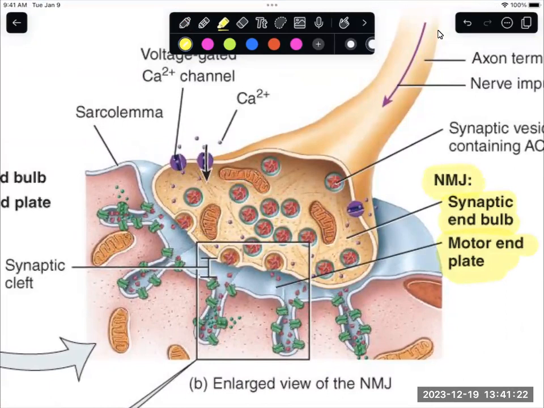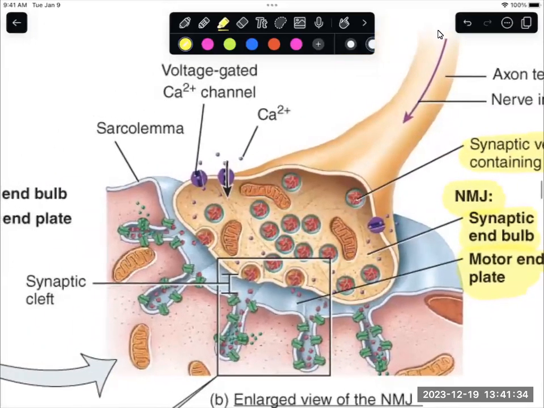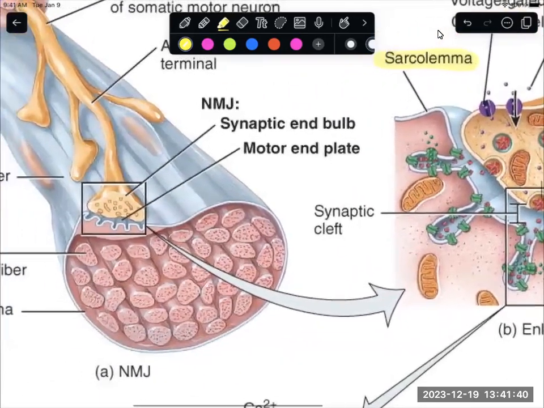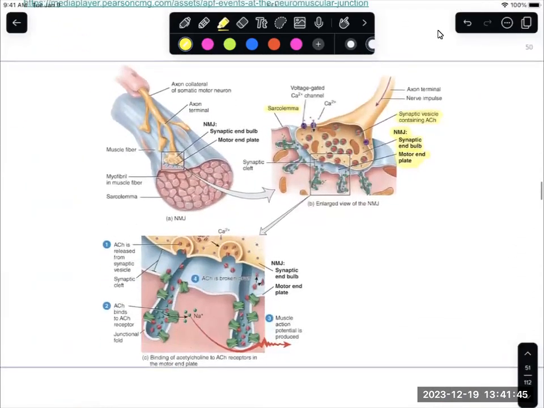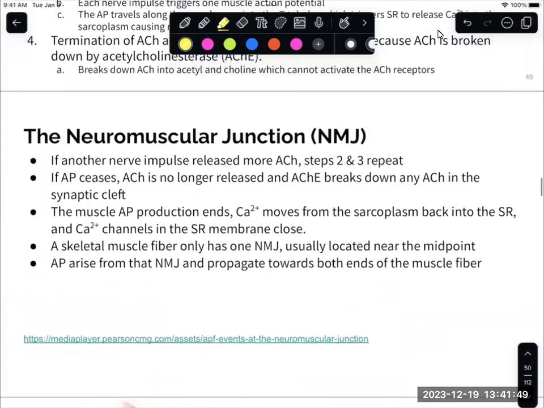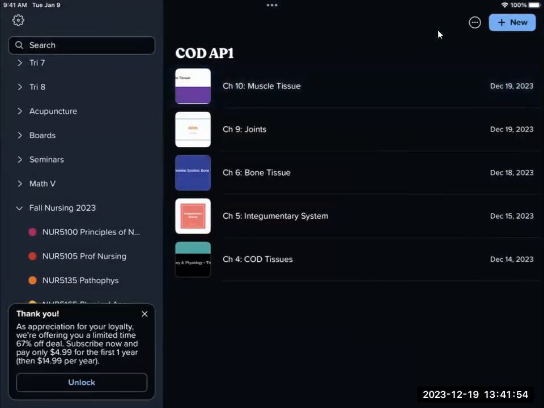We have these synaptic vesicles that are shown in green that have red inside. That is that acetylcholine. The sarcolemma is where this muscle is attaching to. So let's look at what happens, and I would like to draw a picture.